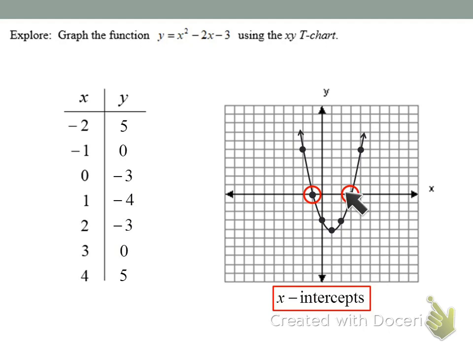My bad. X-intercepts. Now, we can't dive a whole lot into more application, but that's where we're going to be heading in part 2. We're going to have to use solving by factoring to figure out the x-intercepts.